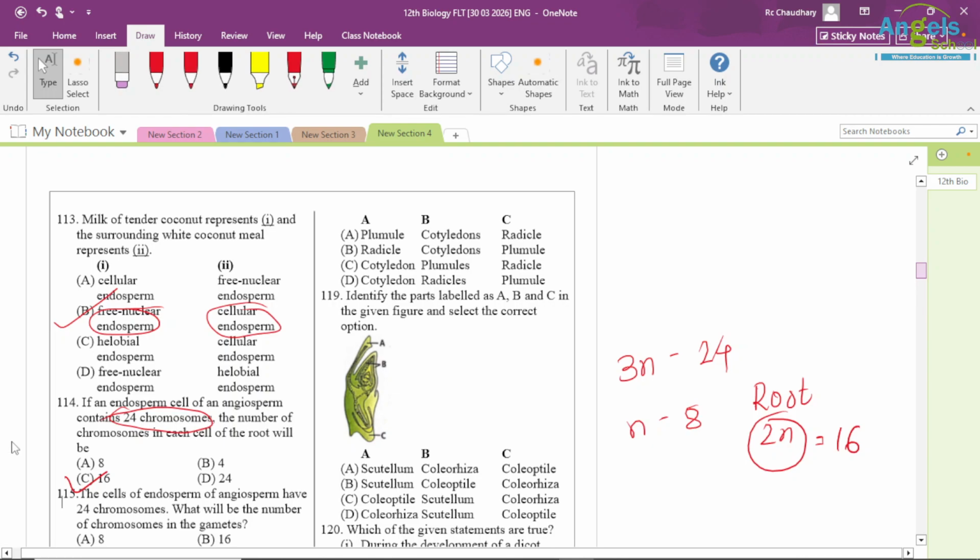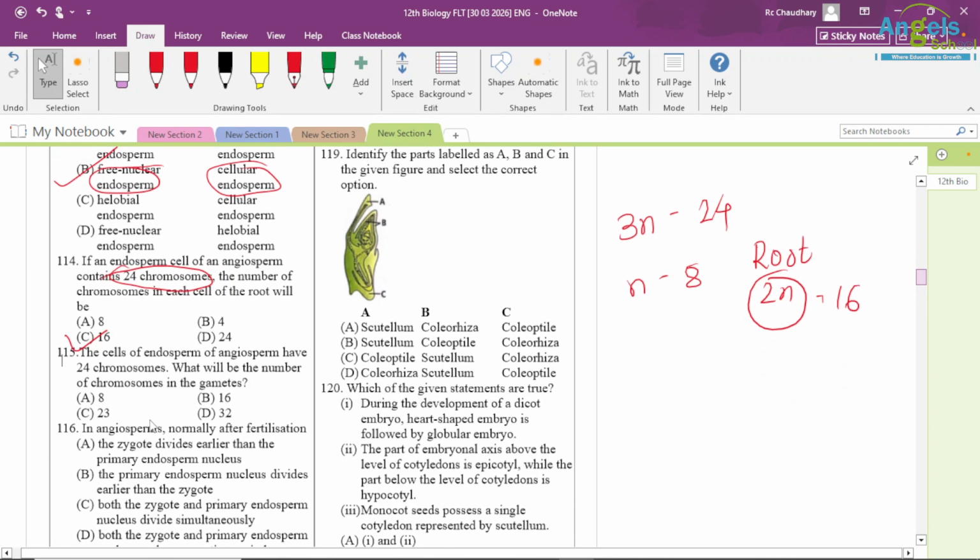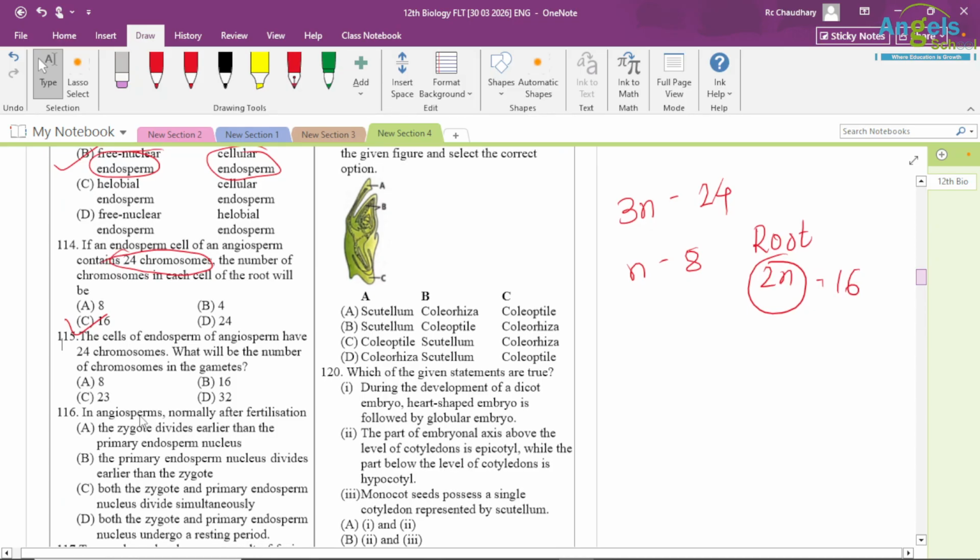Next question, the endosperm of angiosperm has 24 chromosomes, and what will be the chromosome number in a gamete? Okay, so again n is equal to 8, gamete is haploid, so answer is 8.